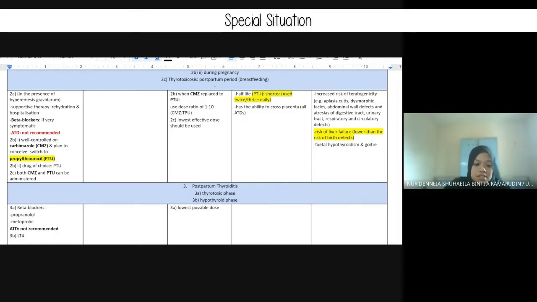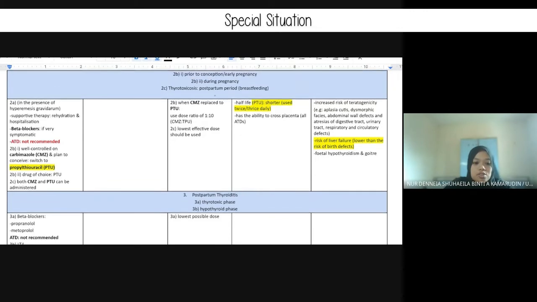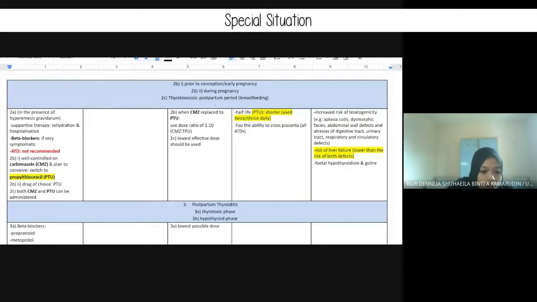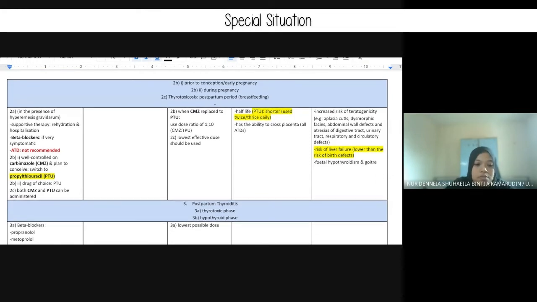So in Graves' disease, specifically prior to conception or early in pregnancy, patients who are well controlled on carbimazole and plan to conceive should switch to propylthiouracil (PTU) before trying to conceive.